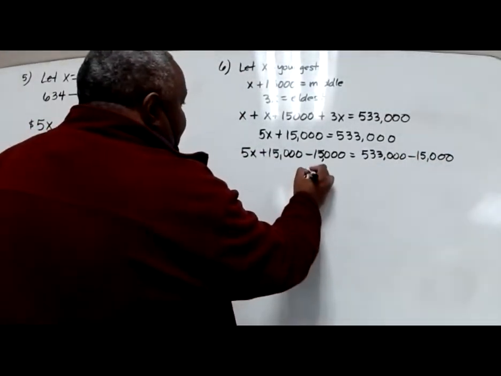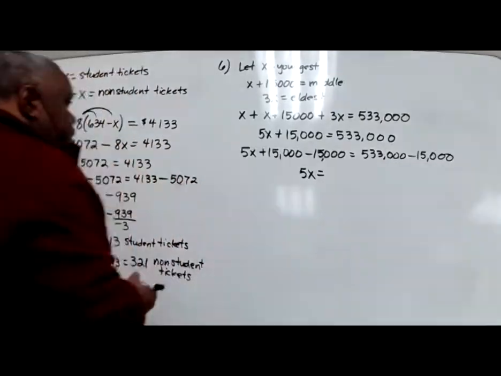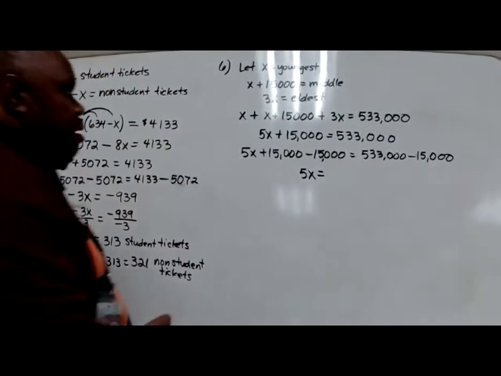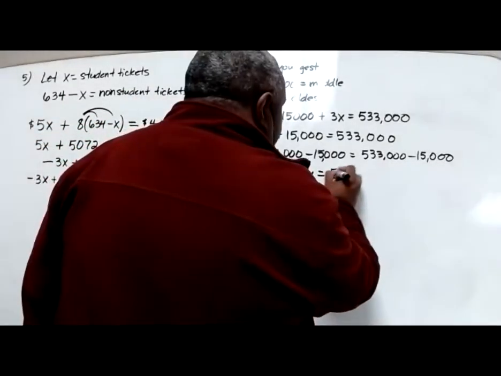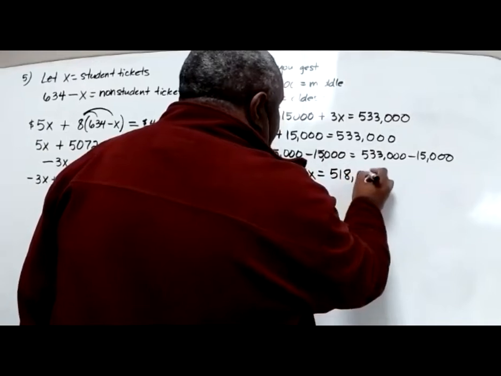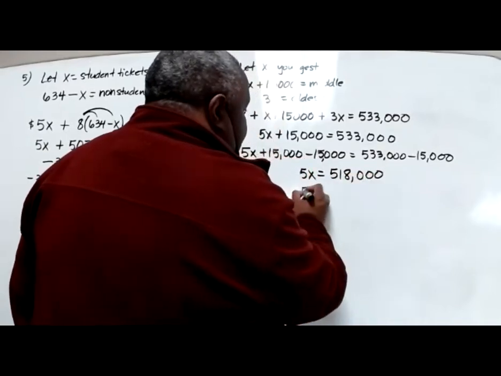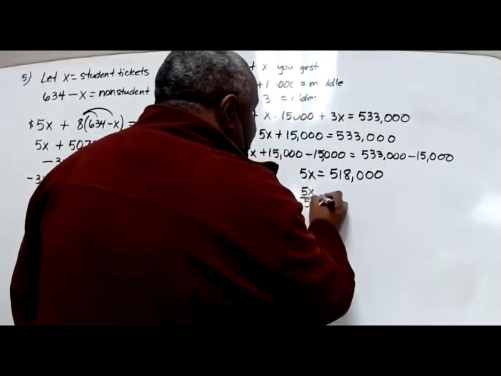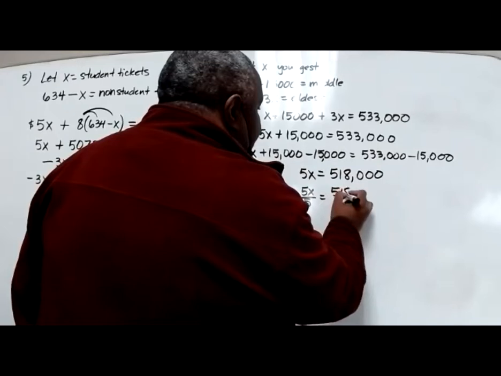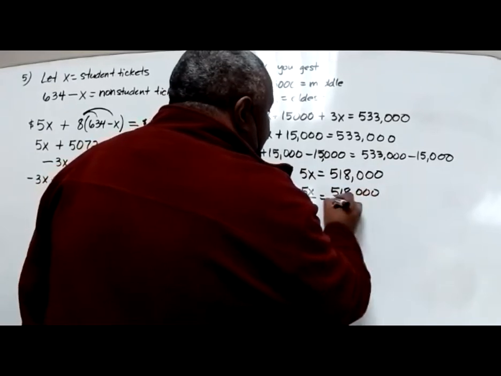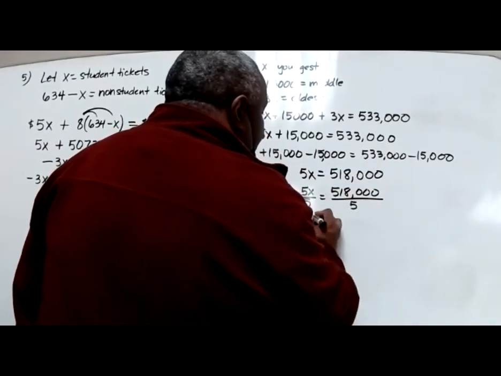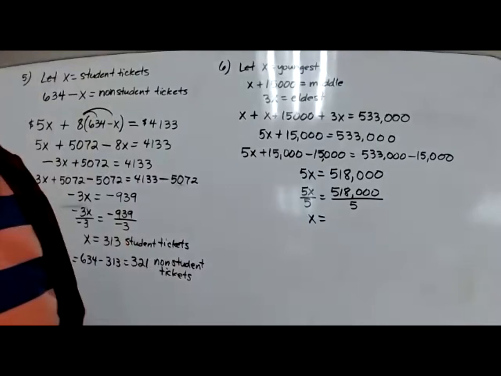So now I'll have 5x is equal to how much? 518,000. And to get x by itself, we divide both sides by 5. That would mean x is equal to how much?